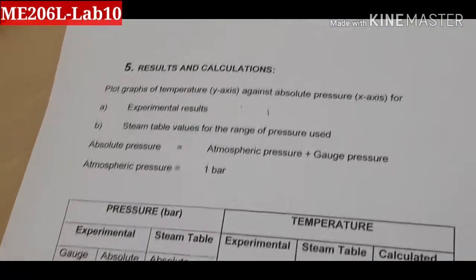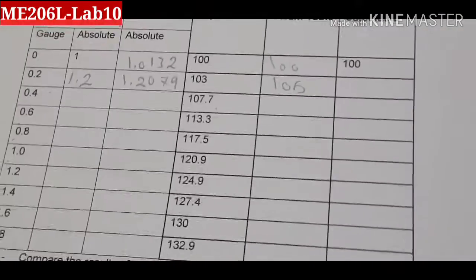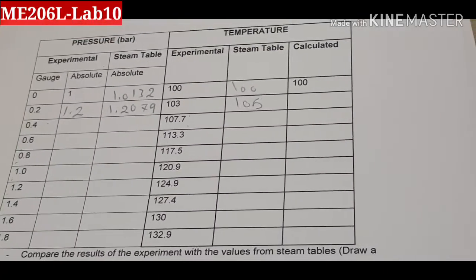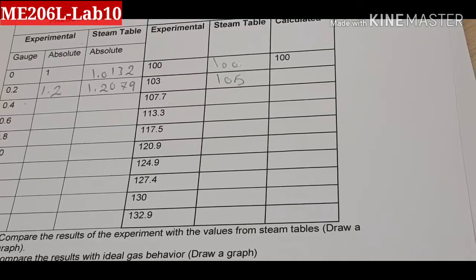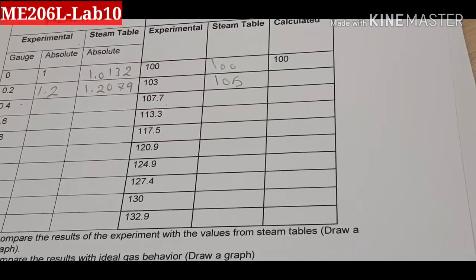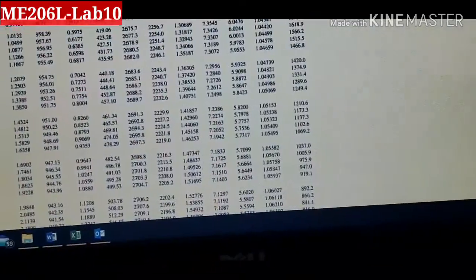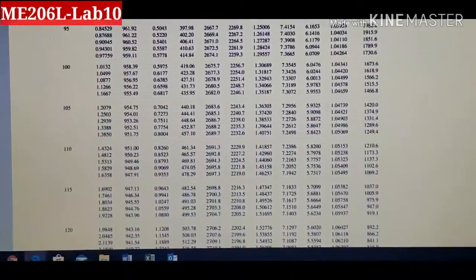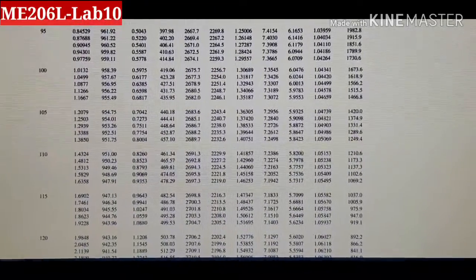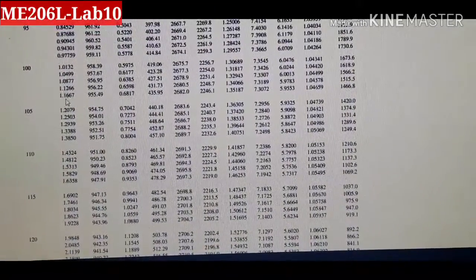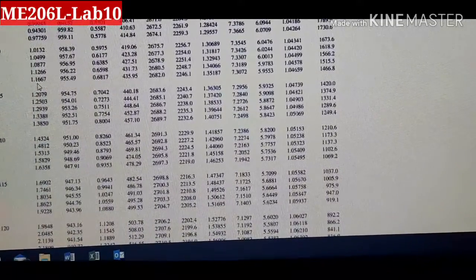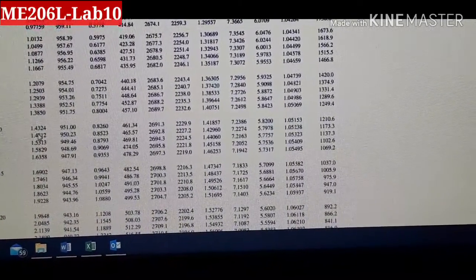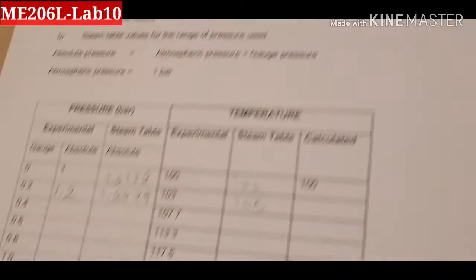And we will do the third one together again. So at 0.4, the absolute will be 1.4. So let's go again to the pressure and temperature table, the steam table. So 1.4 is 110.